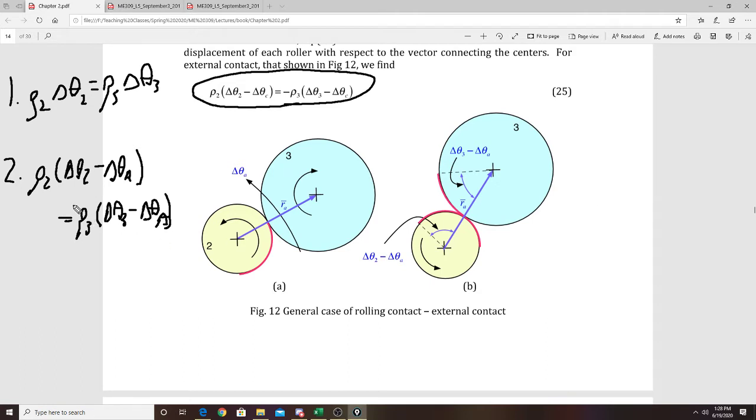I'm going to put that right here. It's plus or minus this, so depending on how it's contacting, it's plus or minus.